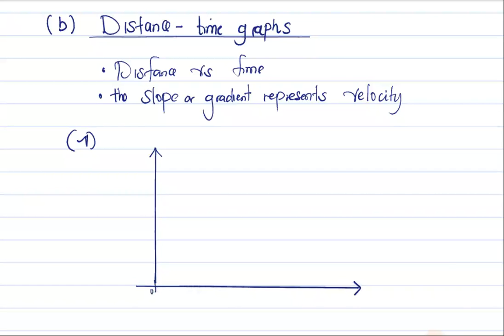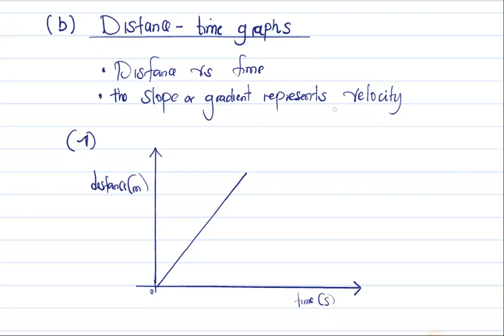So this one just goes like that. All right, so this is where we have distance plotted against time, because distance is in meters and time in seconds. Once you obtain a line giving you a straight line passing through the origin, this is showing uniform velocity.